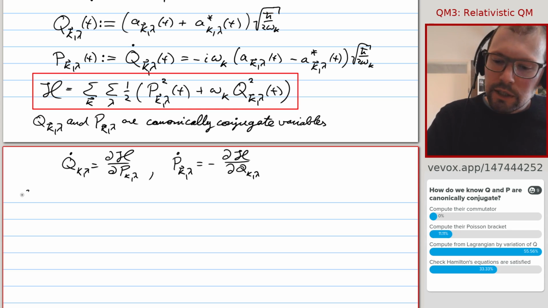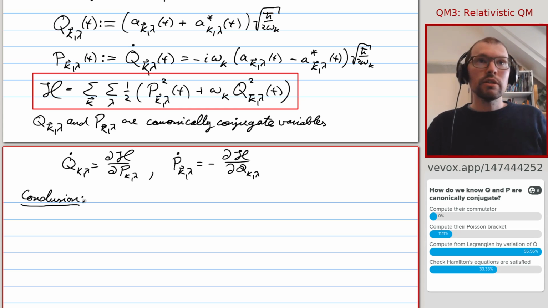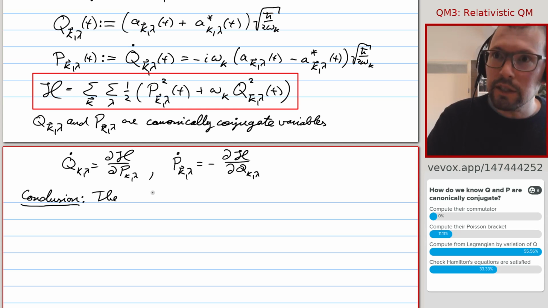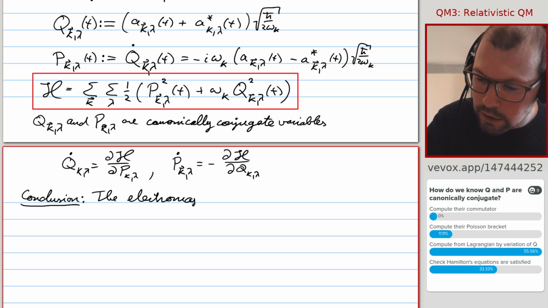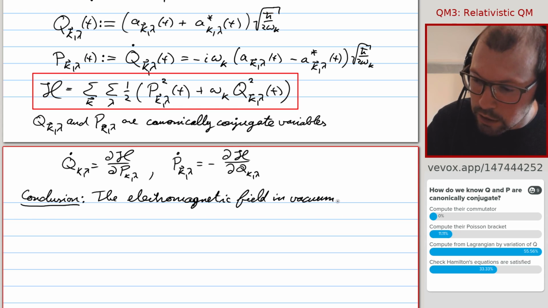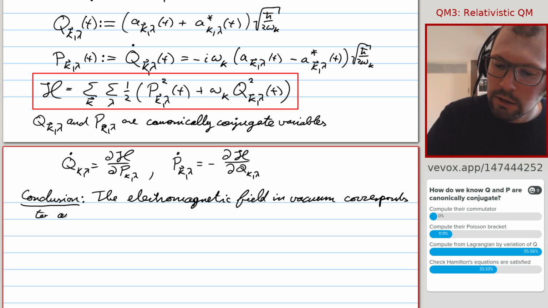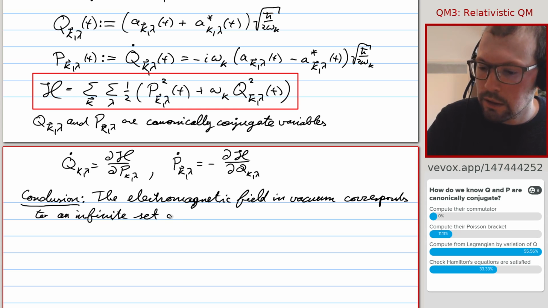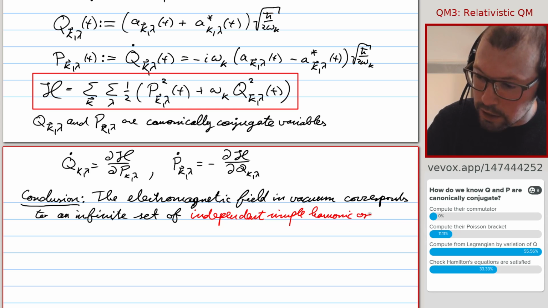So let me draw the conclusion here, which is now very clear in this formulation of the degrees of freedom, and that is that the electromagnetic field in vacuum, so the free electromagnetic field equation, corresponds to an infinite set of independent simple harmonic oscillators.